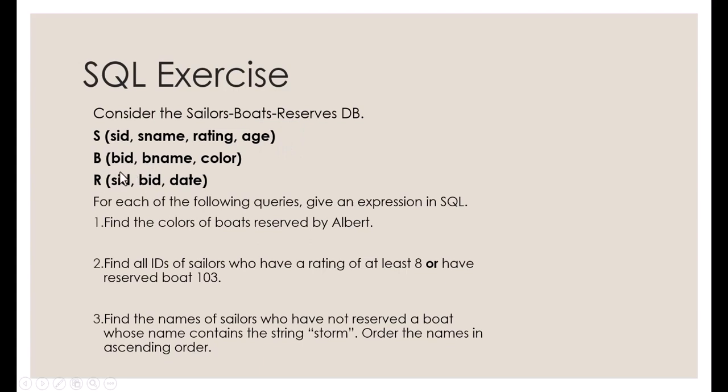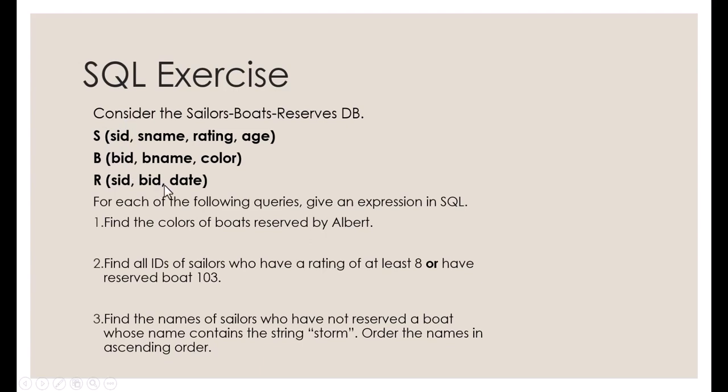I have the boat's boat ID, the name of the boat, and then the color of the boat. And this reserves table says this particular sailor reserved this particular boat's boat ID on this day. So the sailor can reserve the same boat more than once on different days.